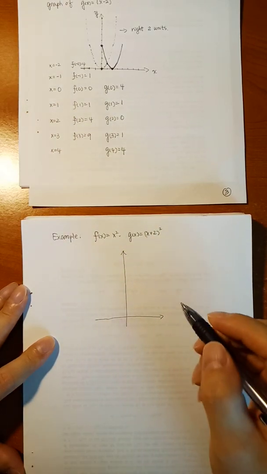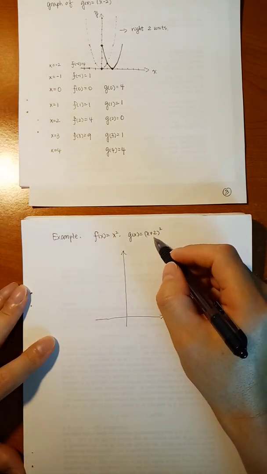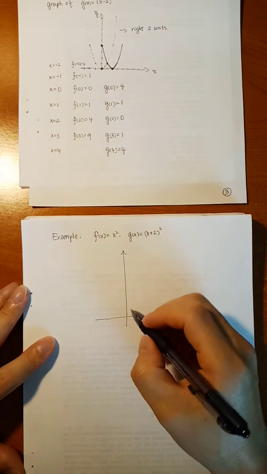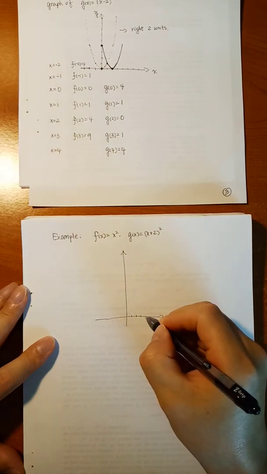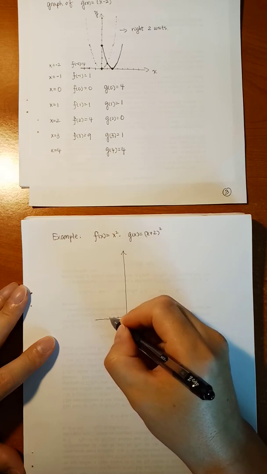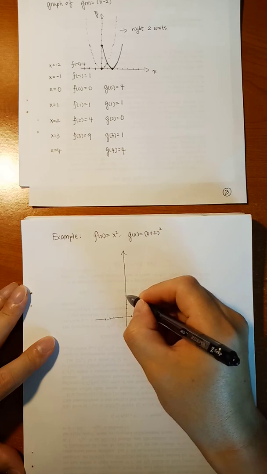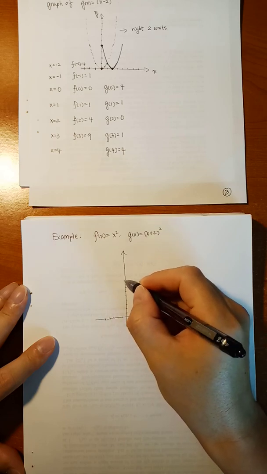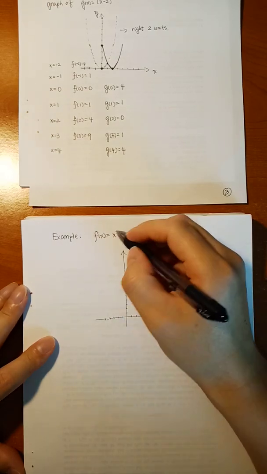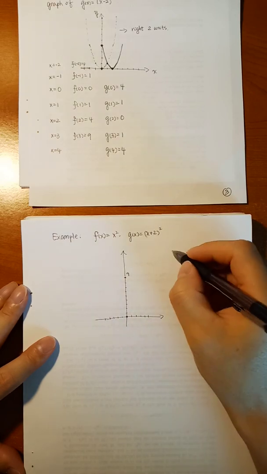We just want to confirm the left shift motion corresponds to the plus 2. So for f, let's check at 0, 0.